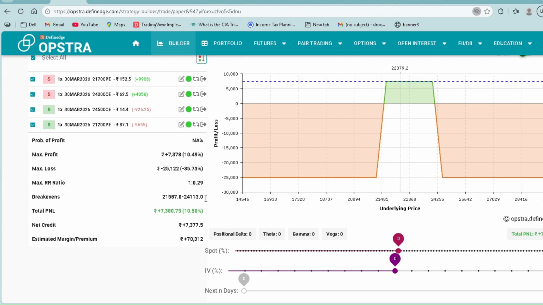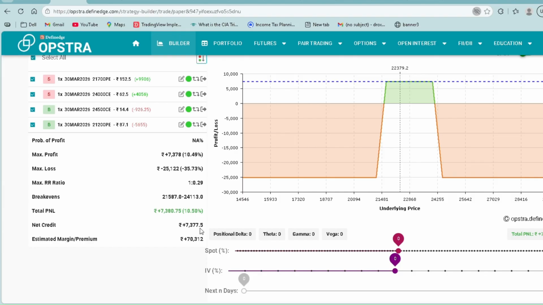And on the upper side too, though I sold 24,000 call, my break even moved further up to 24,113, that is 113 points further up. So this is my total profit and loss, 7,380.75, that is 10.50%, but my real profit is around 10.10%, not 10.50% as shown here.